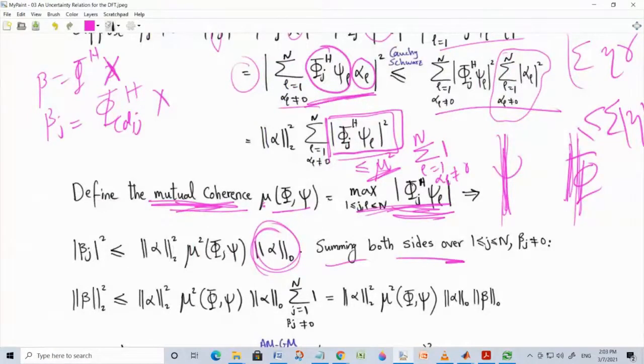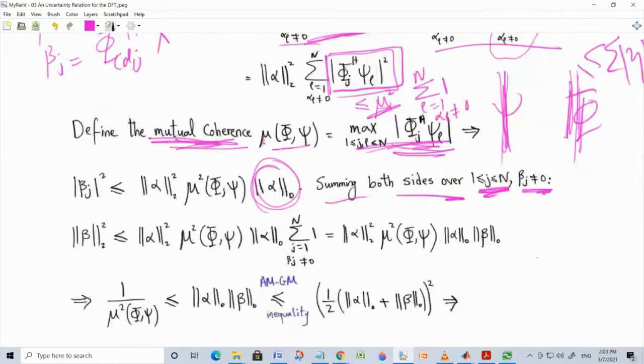Now sum both sides over j such that beta j is not equal to 0. So you go from here to there, summing over j where beta j is not equal to 0. On the left-hand side you get the L2 norm squared of beta.